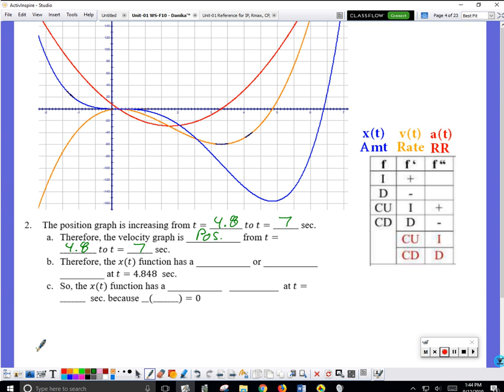So it says something like, any function has a relative or local min when that function changes from decrease to increase. Everybody see that? So that's what this is talking about right here. Therefore, the position.